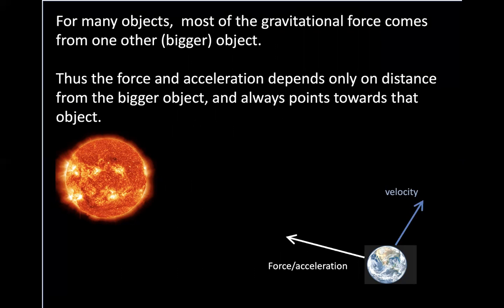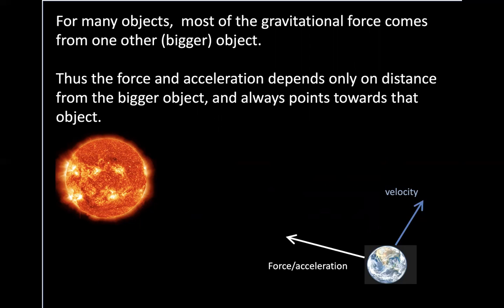Now, that is actually important because it means that the force experienced by the Earth almost always points directly towards the sun, and that means the acceleration always points directly towards the sun.